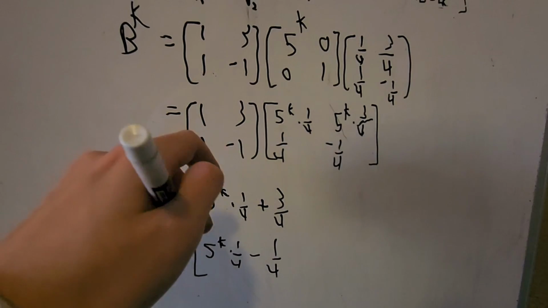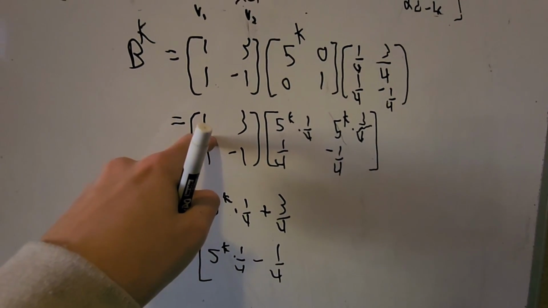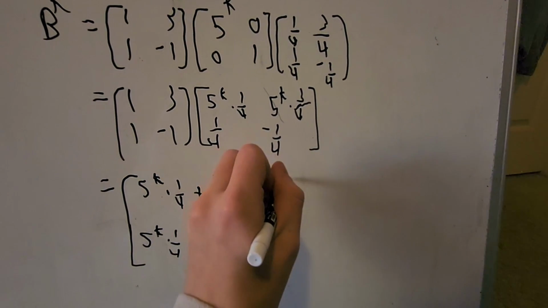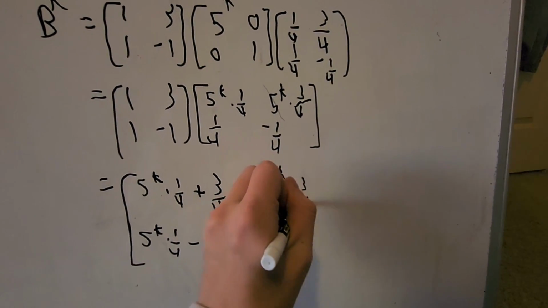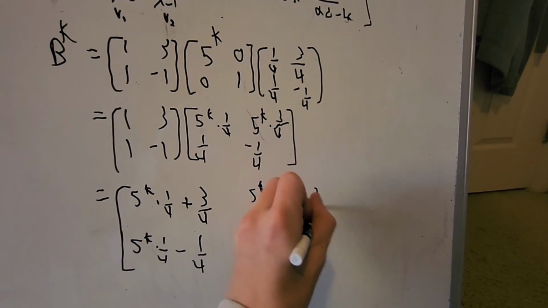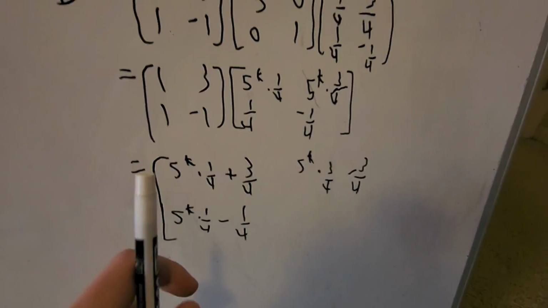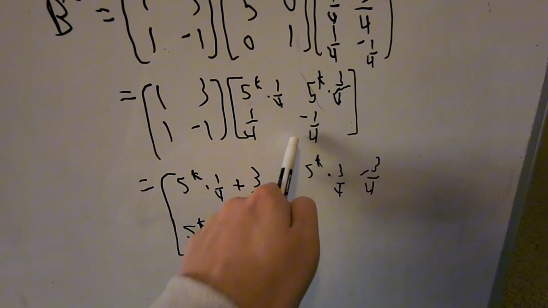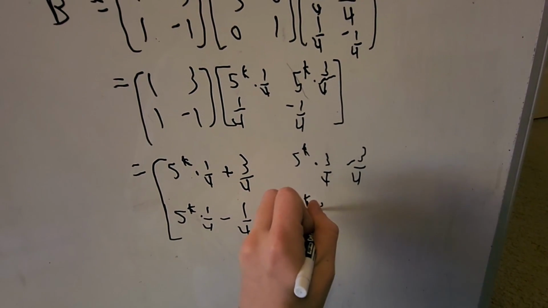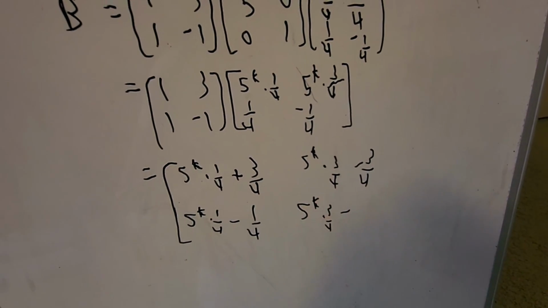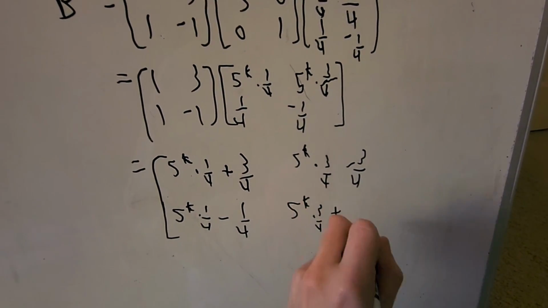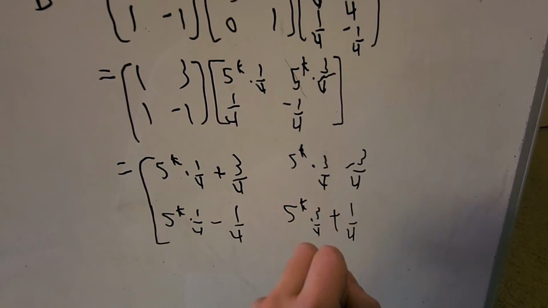Okay, the row dotted with the column, 1 times that, so 5 to the K times 3/4 plus that, and then the row dotted with the column, 5 to the K times 3/4 minus this times this, so it's going to be plus 1/4.